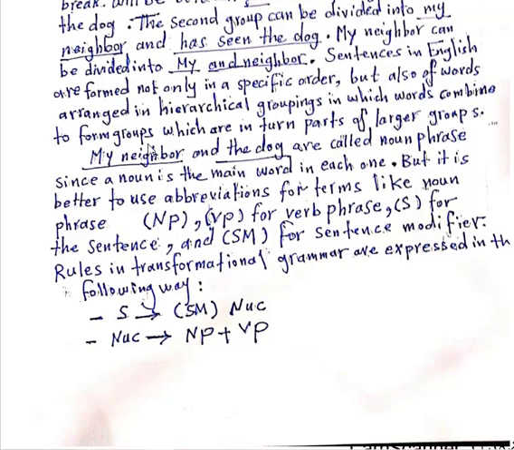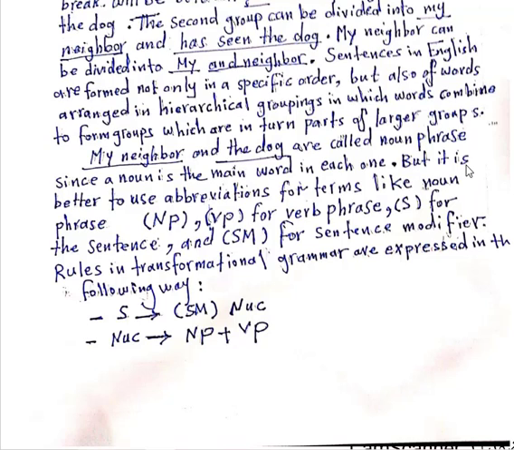That means neighbor is a noun, and dog, without the determiner, is a noun as well. But when we put them together, my neighbor becomes a noun phrase, and the dog is also the second noun phrase in our example above.